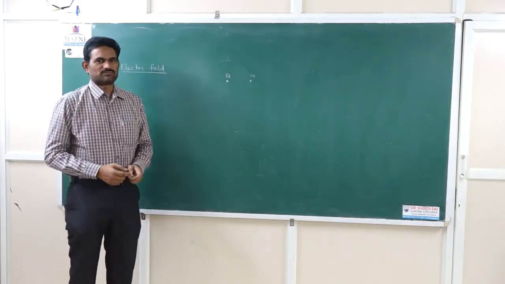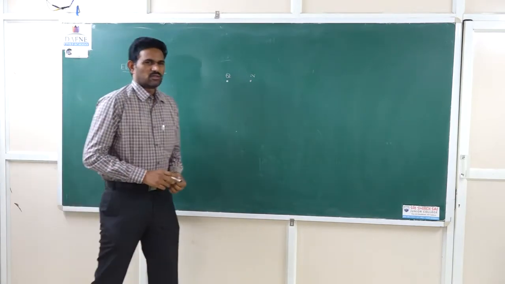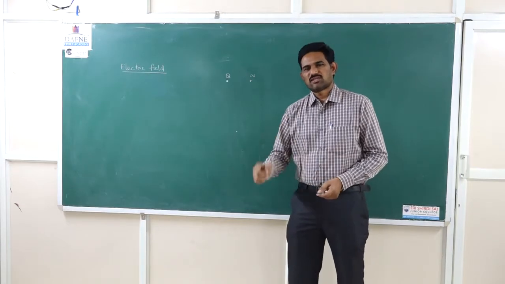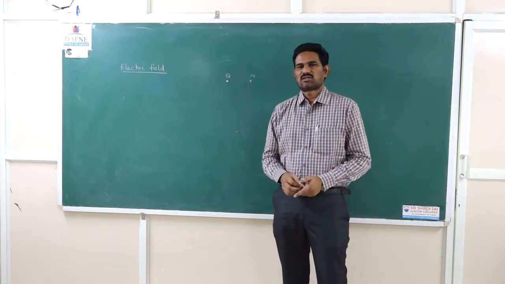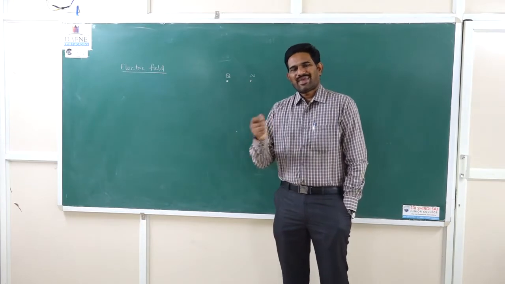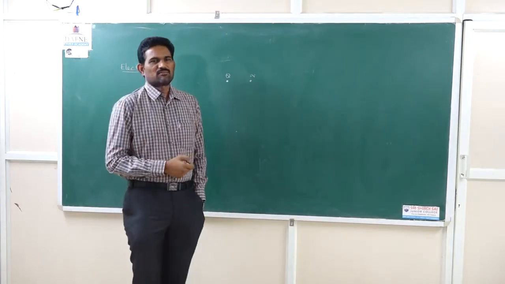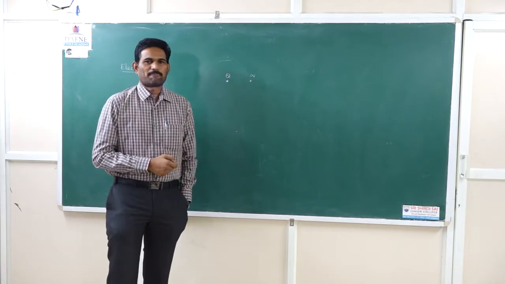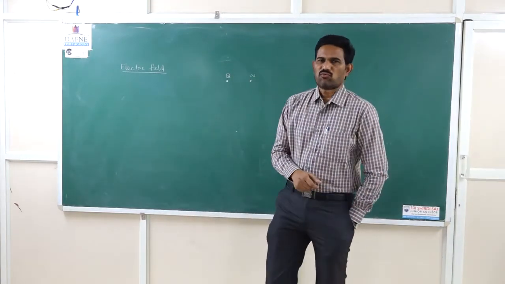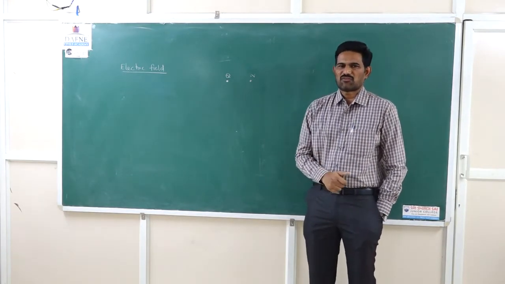So let us write the definition now. The electric field: the space around the charge in which its influence is felt, if any other charge lies in that space, will experience a force due to that charge, is called electric field.